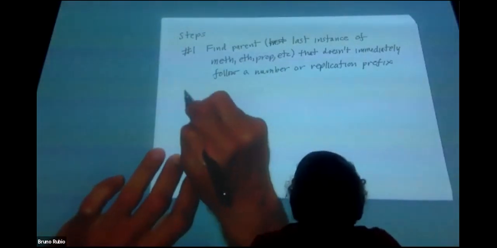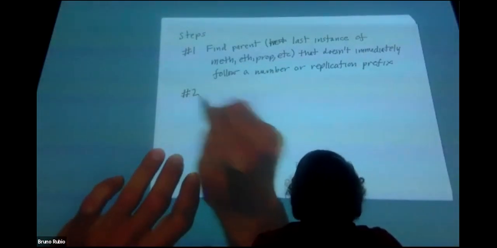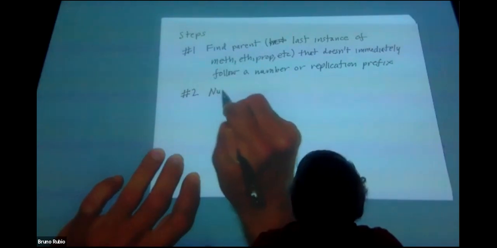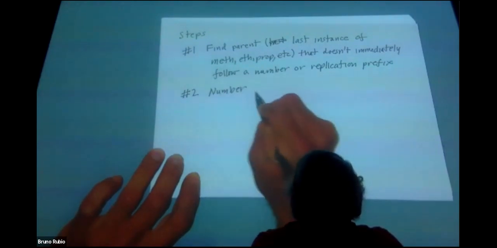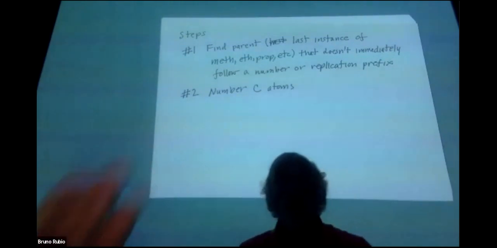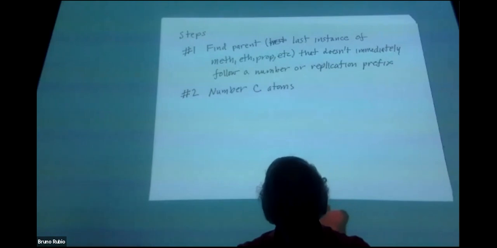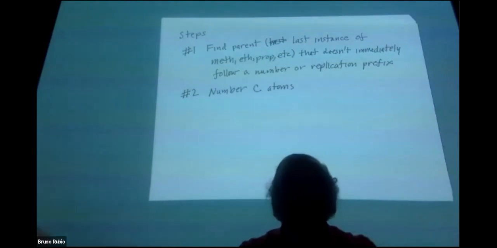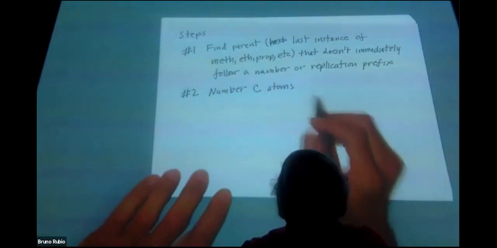Okay, so that's the first thing that you're doing. Next step is you are numbering the carbon atoms, right? The only thing that gets a number is a carbon atom. And so oxygen never gets a number, nor does nitrogen or anything else. It always has to be a carbon atom.